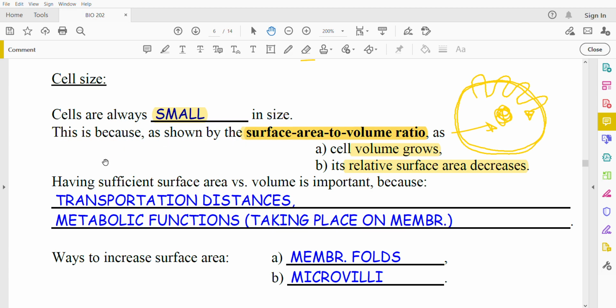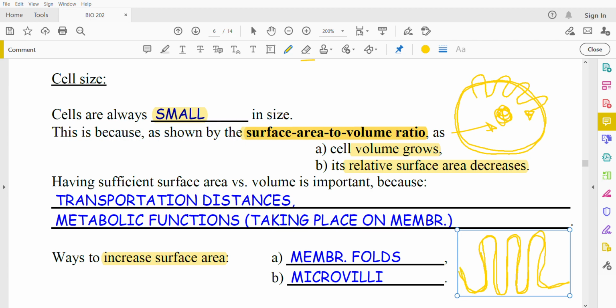There were a couple of techniques for how we could increase the surface area as well, other than just keeping the cell small. We could develop different kinds of membrane folds or microvilli. So if this is the cell membrane, the outermost layer, by making these folds, we're able to pack a lot of surface area into a small space. So that might be one way to get around this.